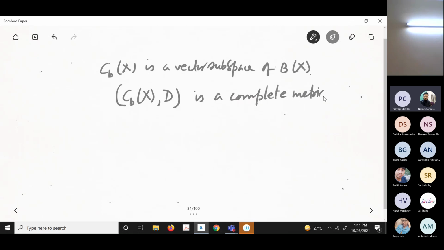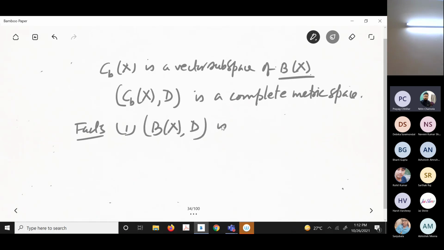But here there is not much trouble with completeness, because we can use the facts. In order to prove this is a complete metric space, we need two facts. Fact one, B(X) with D is a complete metric space, and you need the previous theorem, theorem 6.1.